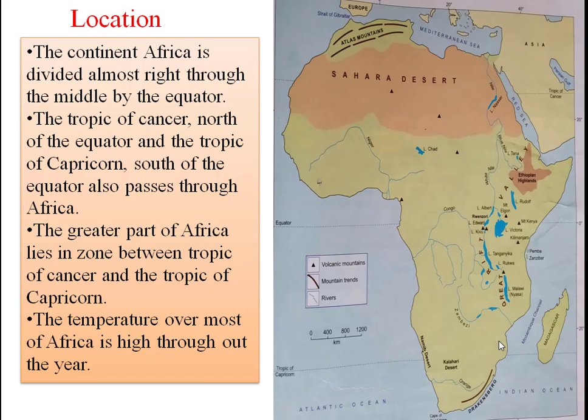The greater part of Africa thus lies in the zone between the Tropic of Cancer and the Tropic of Capricorn. This zone, called the tropical or torrid zone, is the hottest zone on the earth. So, the temperature over most of Africa is high throughout the year.